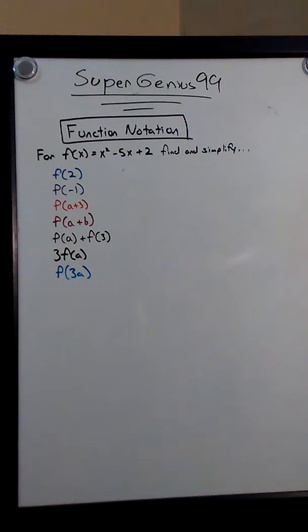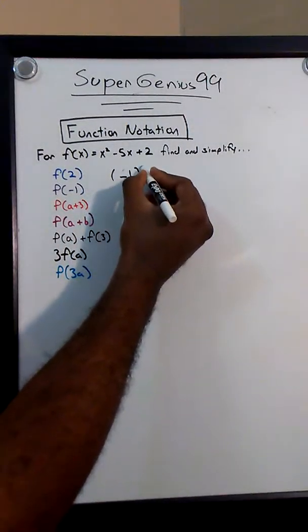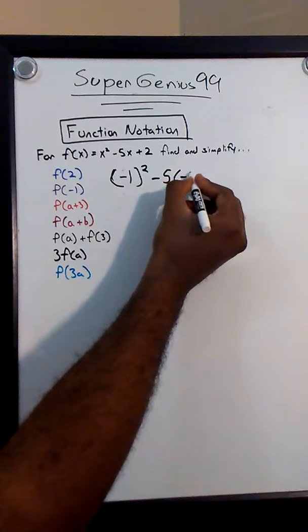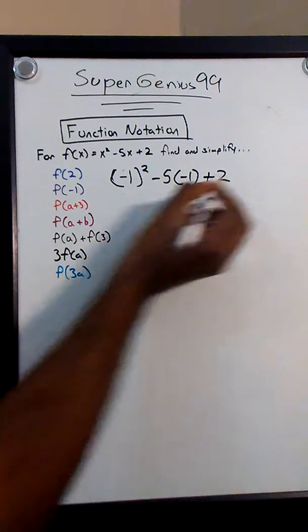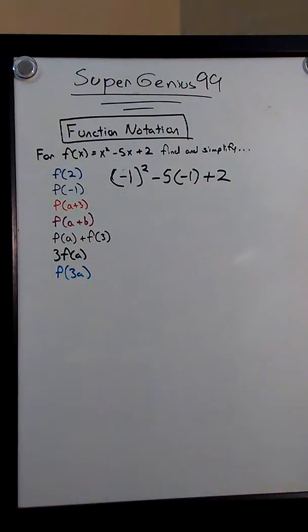Okay, the next one is find f of negative 1. So wherever you see an x, you put a negative 1. So you have x squared minus 5x plus 2, so it will be negative 1 squared minus 5 times negative 1 plus 2. And what is negative 1 squared?